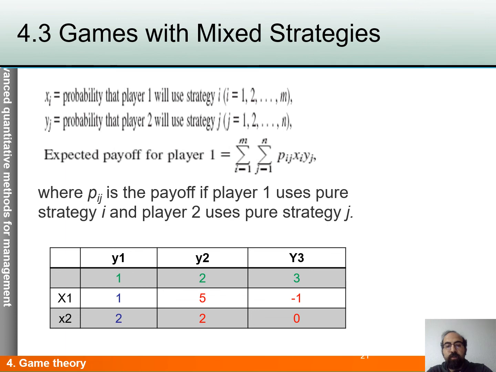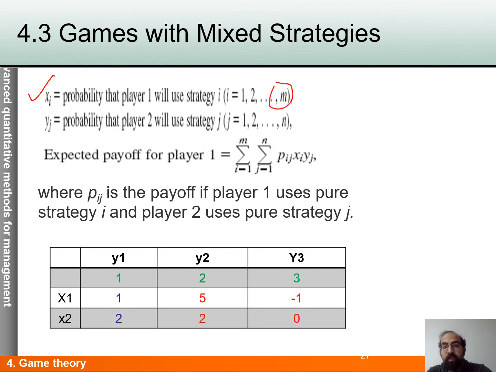So to clarify what I told you in previous slides, in the mixed strategies, there are probabilities xi for player 1, the probability that player 1 will use strategies from 1 to m.